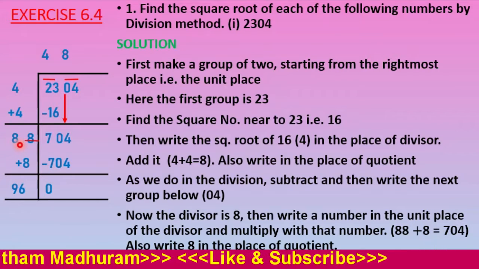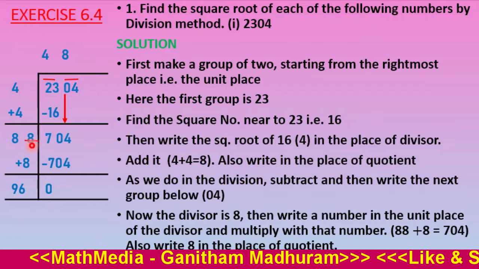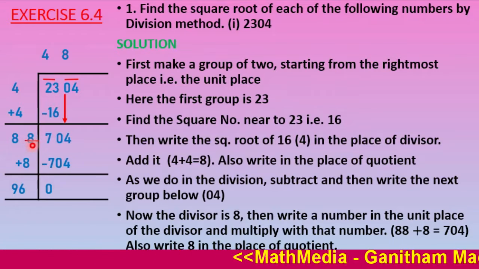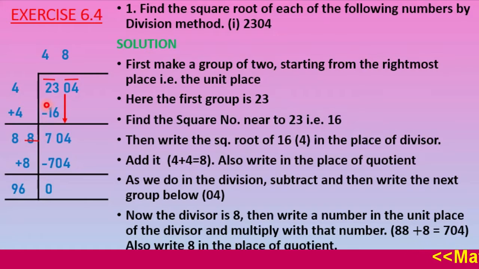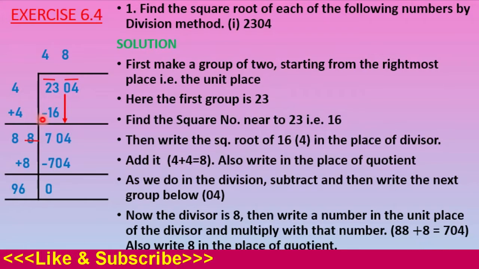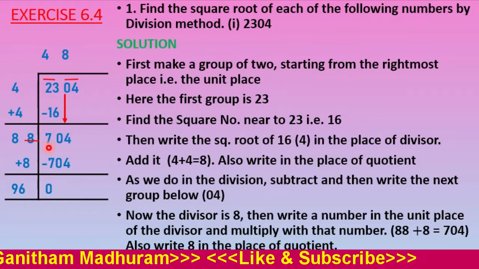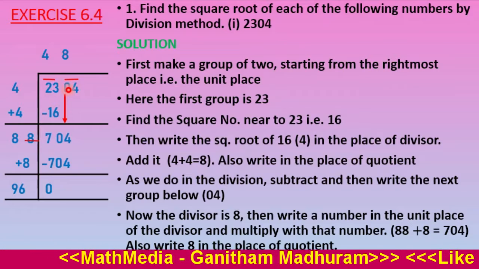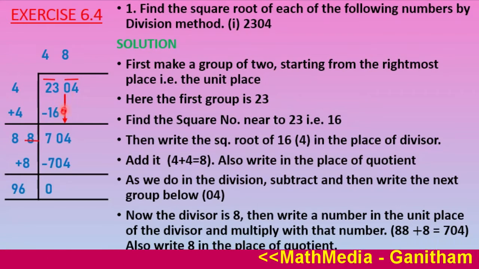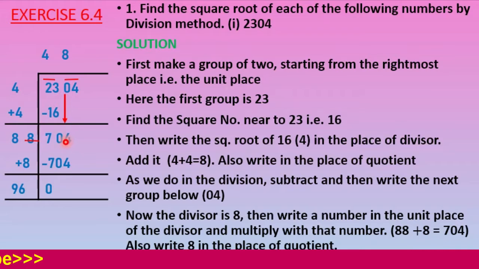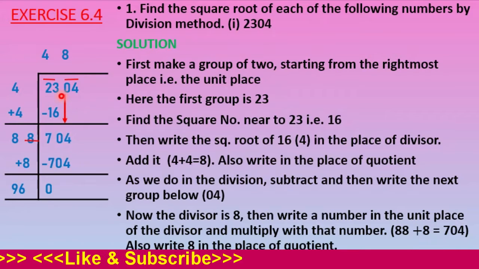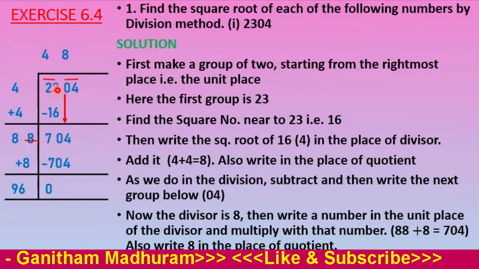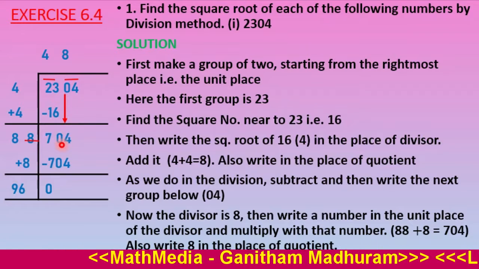Clear? Now we can put a blank over here in the divisor, and the next step, 23 minus 16, you will get 7. Next you have to write down the group fully. As in long division, we bring the next digit down in the next step.